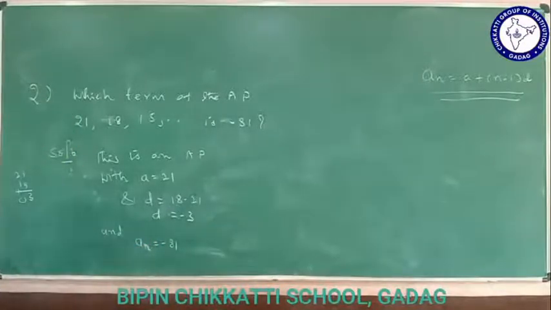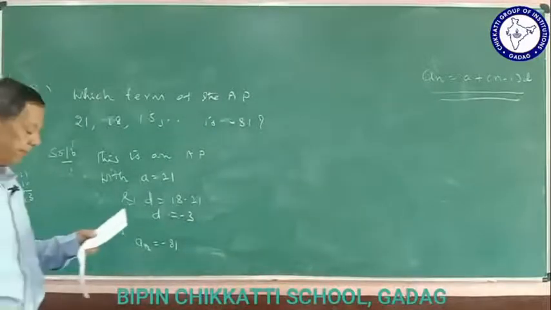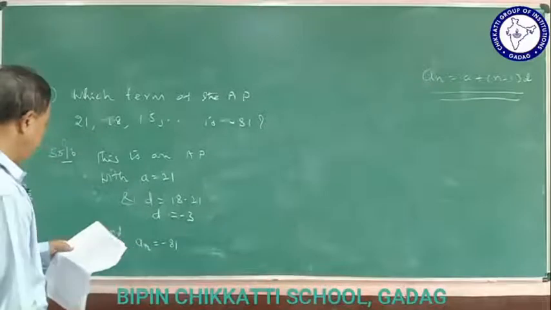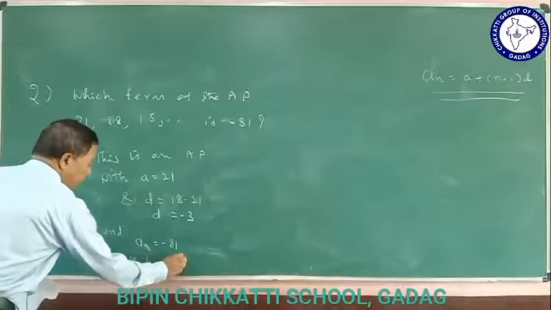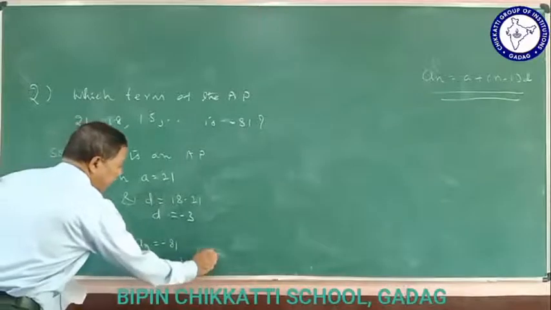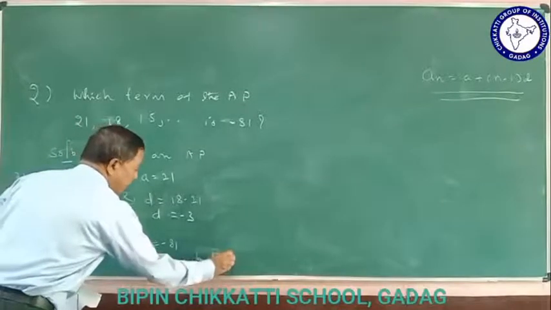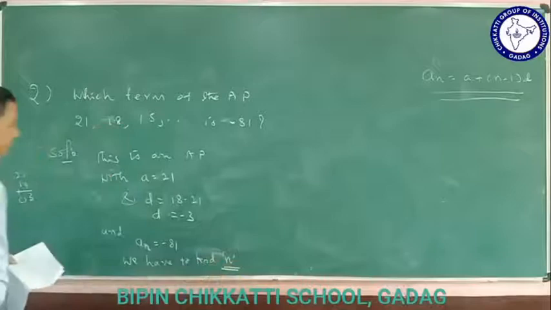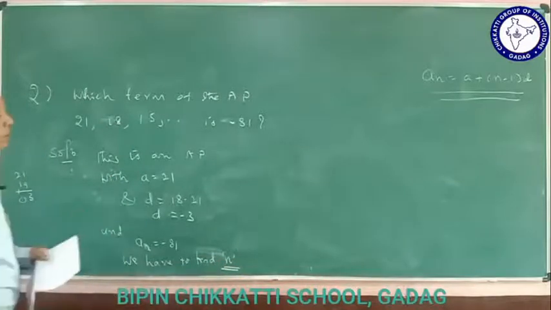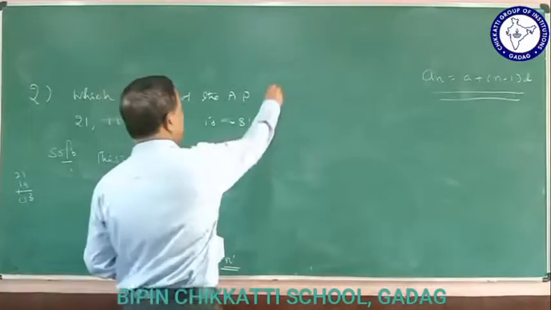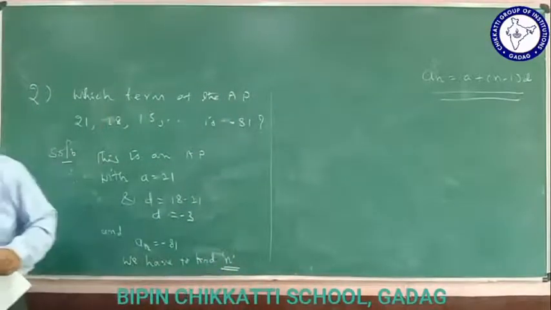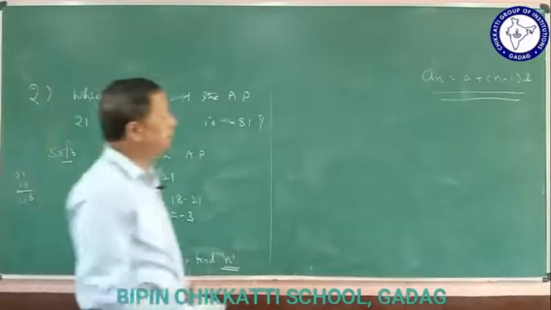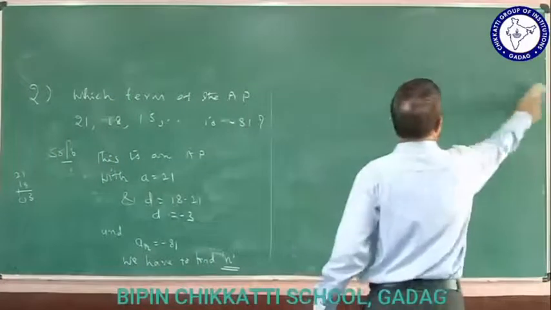An, the nth term, is given and that n is to be calculated here. Which term is minus 81? That nth term is given, that is An is given or L is given. Sometimes I told you that the nth term is given by the symbol small l.